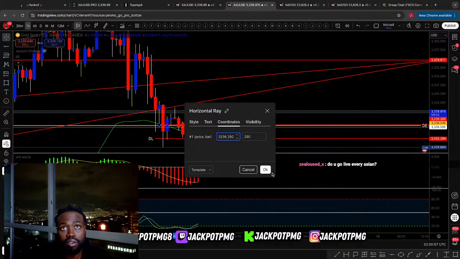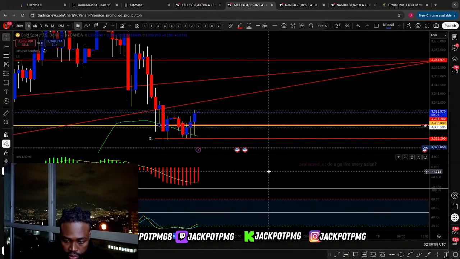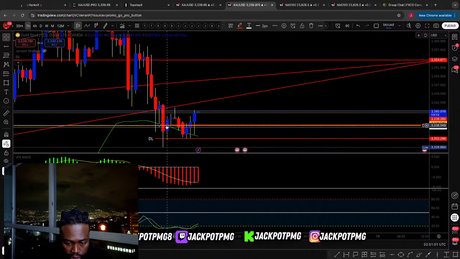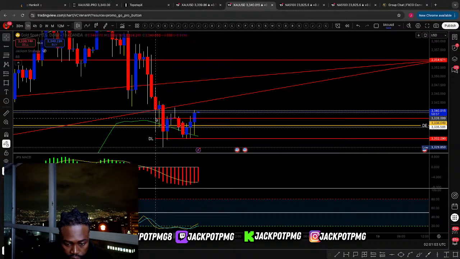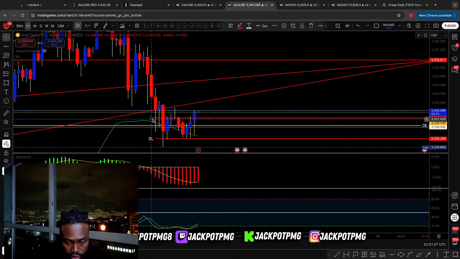Alright, middle is like right around daily entry. Alright, I'm just gonna put it a little bit higher, just for me. But I know now it's around that area.